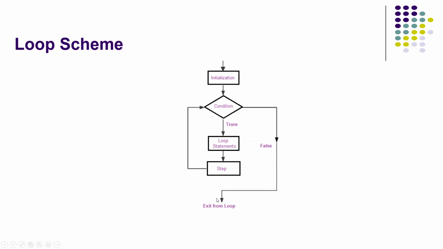It's going to just exit the loop. And that's how you exit the loop. You need to dissatisfy the condition to exit the loop. Or satisfy it. But if the condition is true, it's going to go straight to the loop statement. So let's say you set your counter number to.